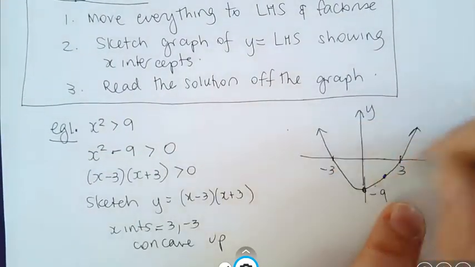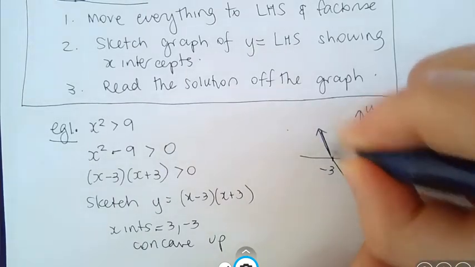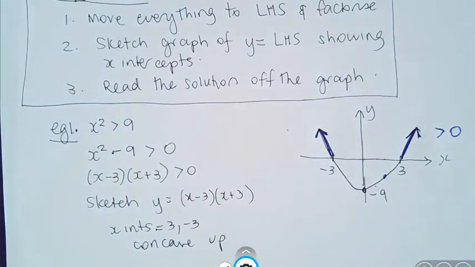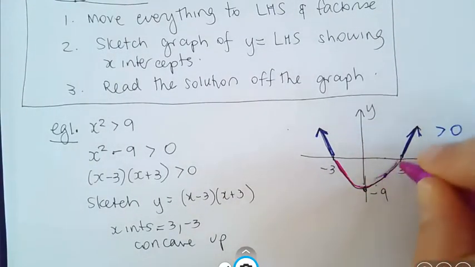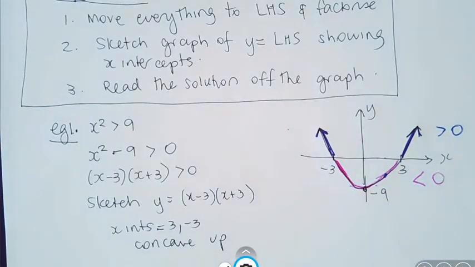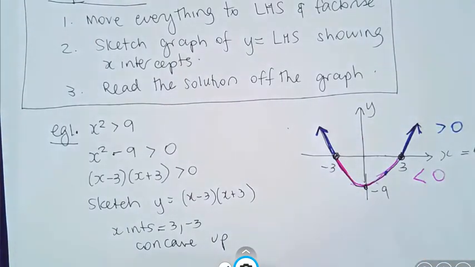So if I look at this graph here, can you just highlight these bits here in blue? These are the bits that are above the x-axis. In pink, down here, these are the bits of the graph that have negative y values. Do you get what I'm doing? And if I get another color and put some dots there, these are the values of y that are equal to 0.